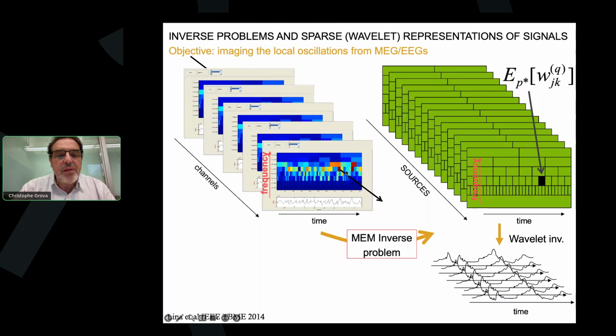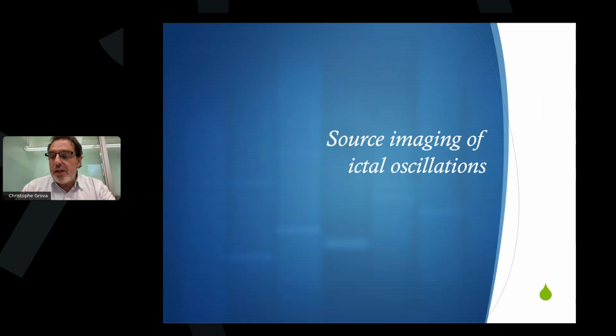So for every channel, I can have one time frequency box on all my channels, and I can apply MEM to reconstruct the time frequency box in the source space. And I can do localization of specific oscillations. And I'll show you a few other examples.